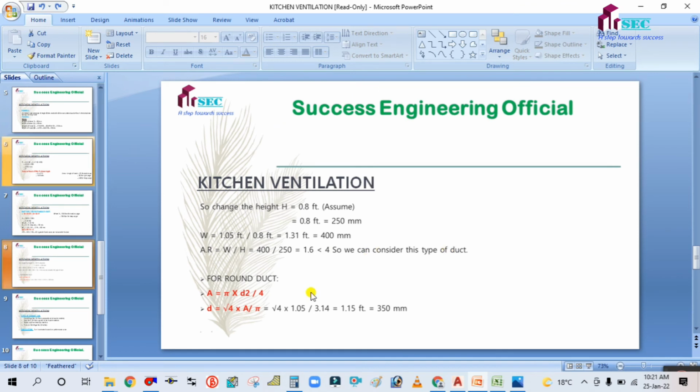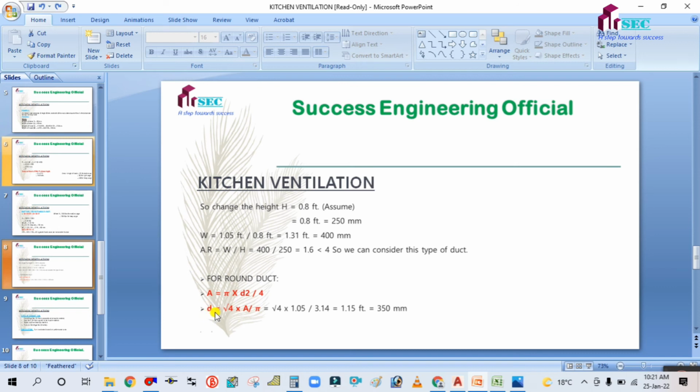For the round duct, you already know the area of the circle is pi d square by 4, so you can calculate the diameter of the duct from this formula. So simply pi d square by 4. From this formula you can cross multiply. So you take this d, and then the square root will go here, under root.